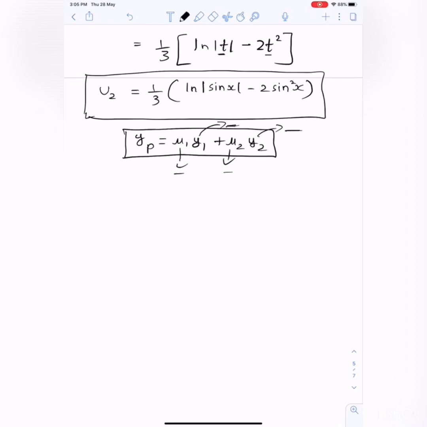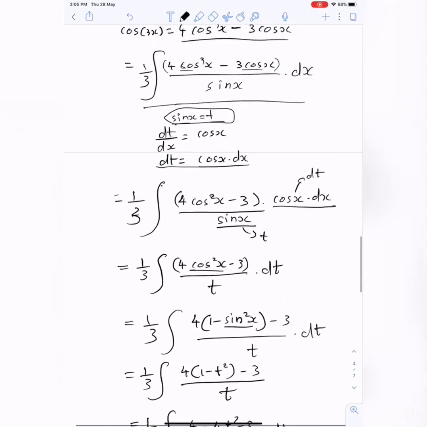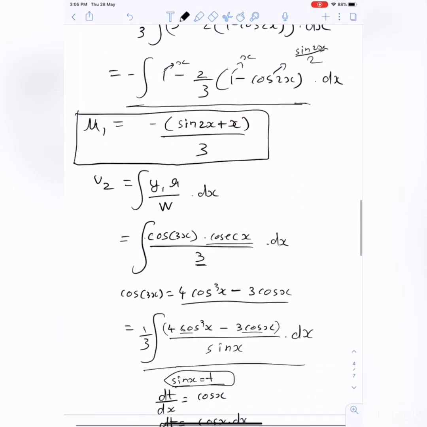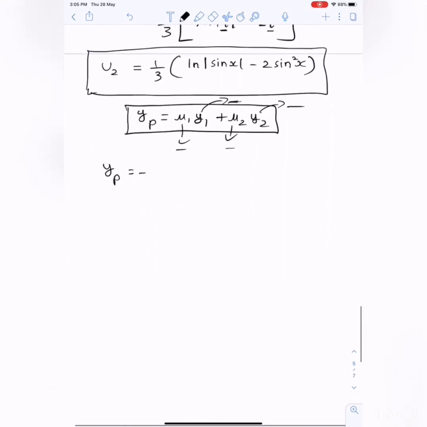So if we substitute in this equation, we should be able to find our y particular. So y particular would be u1 y1. u1 would be minus sine 2x plus x over 3, so this would be minus of sine 2x plus x over 3 times y1.